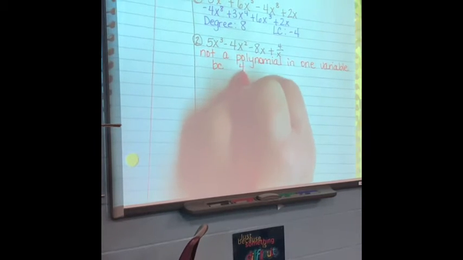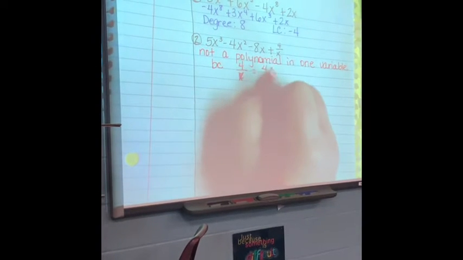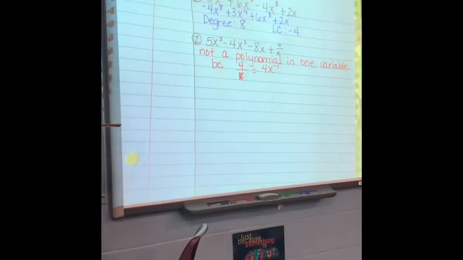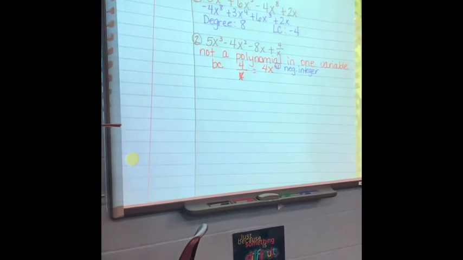Because 4 over x is equal to 4x to the negative 1 power, and that negative 1 is a negative exponent, negative integer, and that makes that not a polynomial.